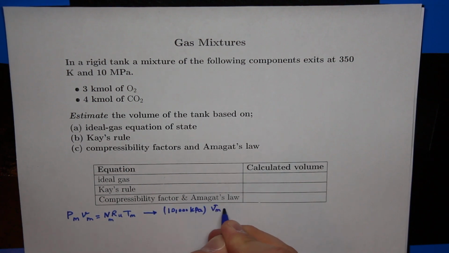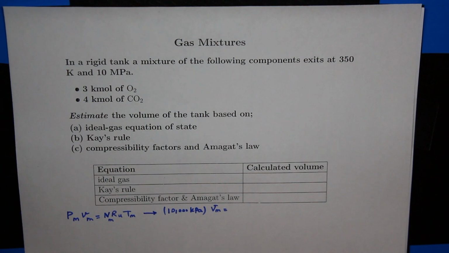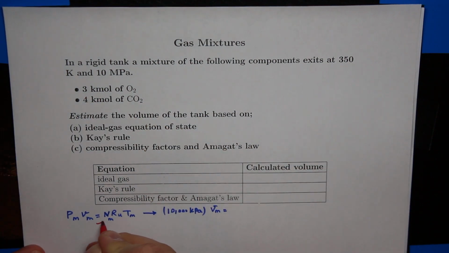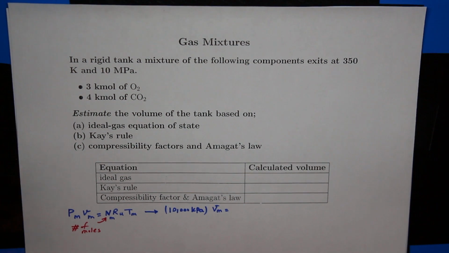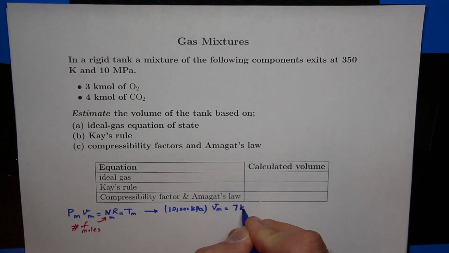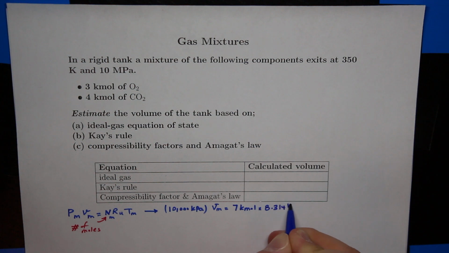Volume of the mixture is what I'm looking for, and it is equal to Nm, the number of moles, which simply comes by adding 3 kilomole and 4 kilomole. So for number of moles I have 7 kilomole, and my Ru is a fixed number, 8.314 kilojoule per kilomole Kelvin.